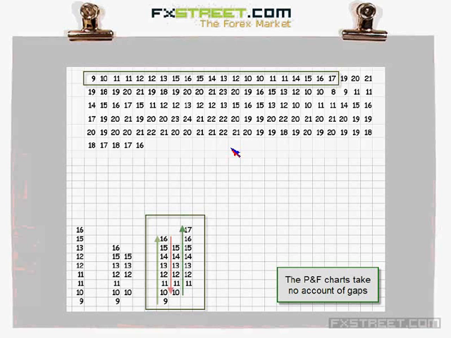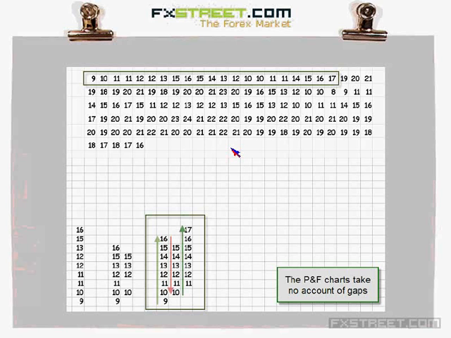So the practical and immediate solution was to record all price distances, so to say, even if the instrument was not quoted or negotiated at that price.